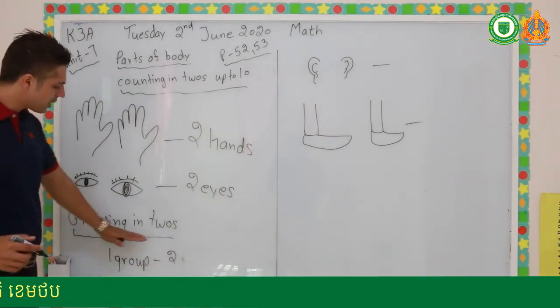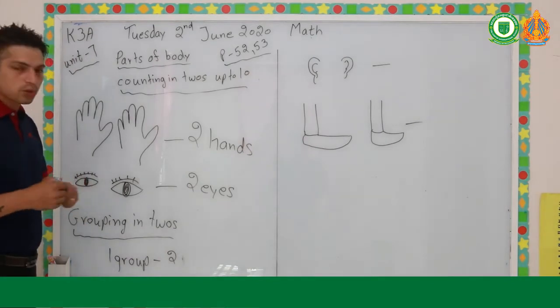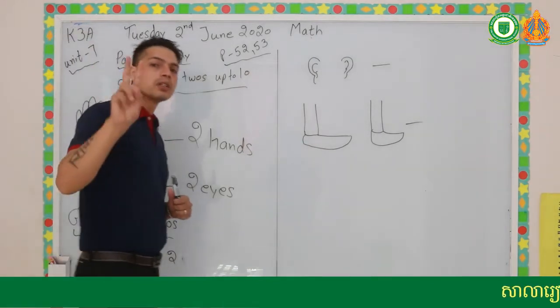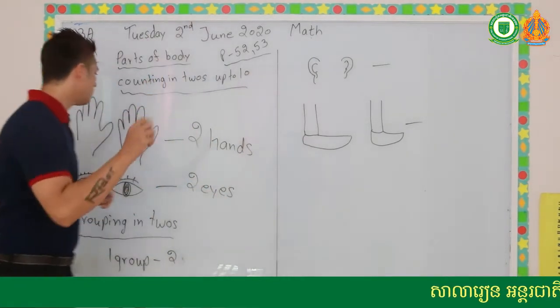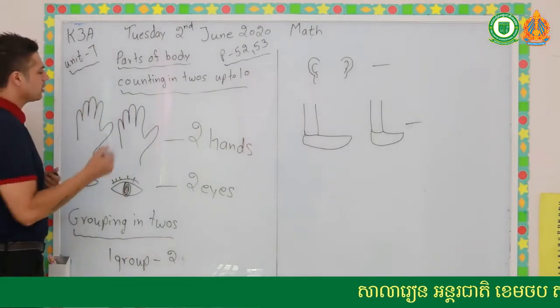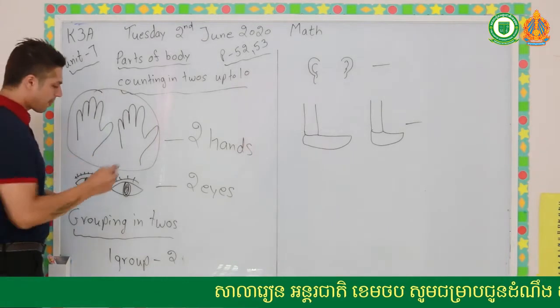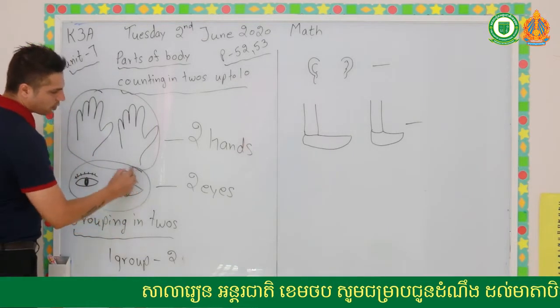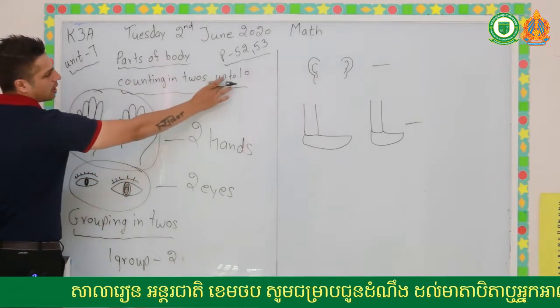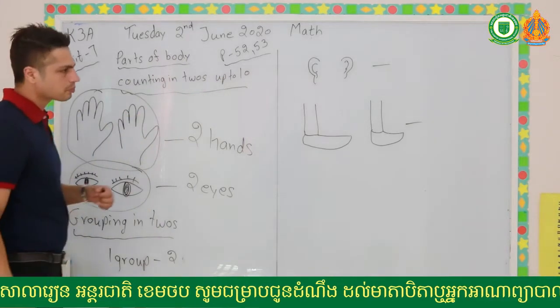So it is the same as grouping in twos. Grouping in twos means one group, two things. Like one group, 2 hands, we can circle it, 2 hands, one group. 2 eyes, one group. That means counting in twos up to 10.